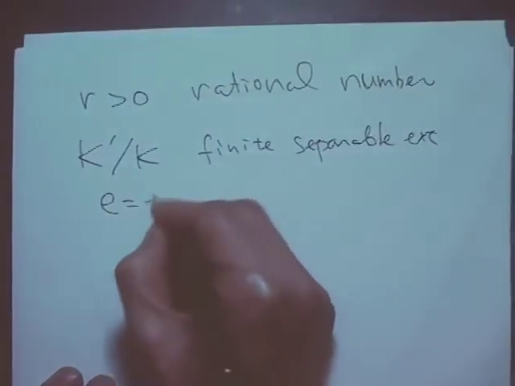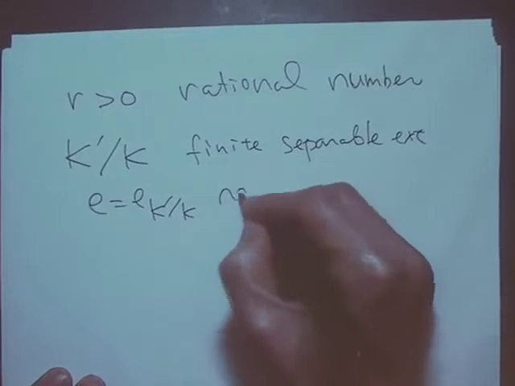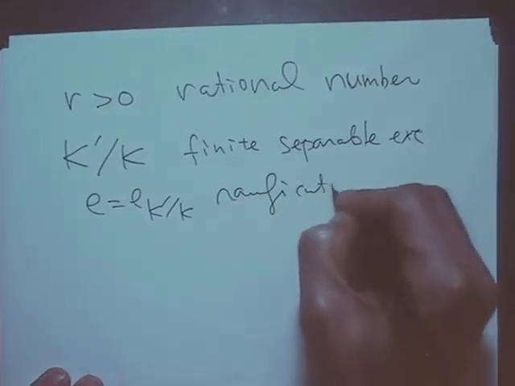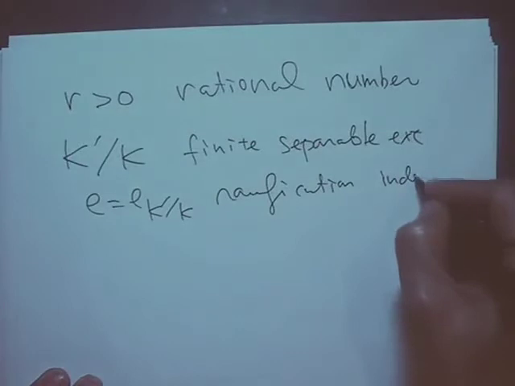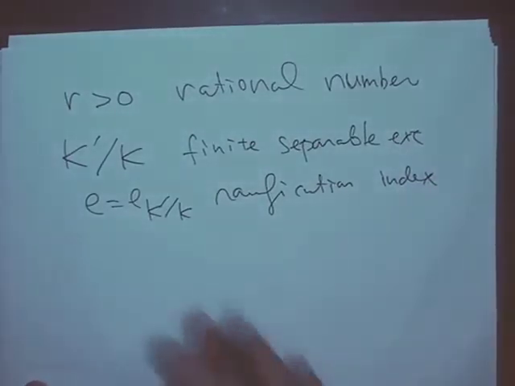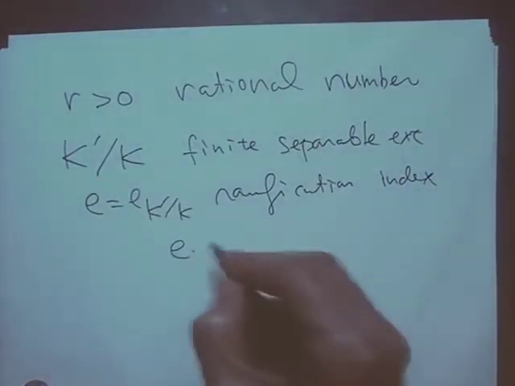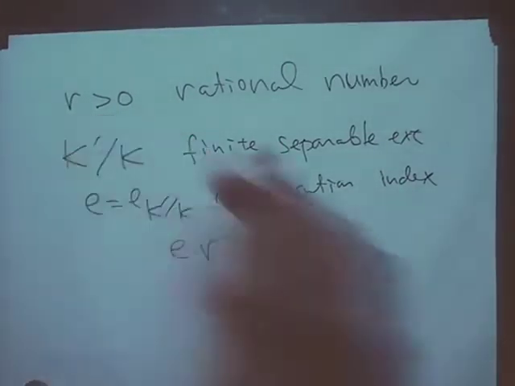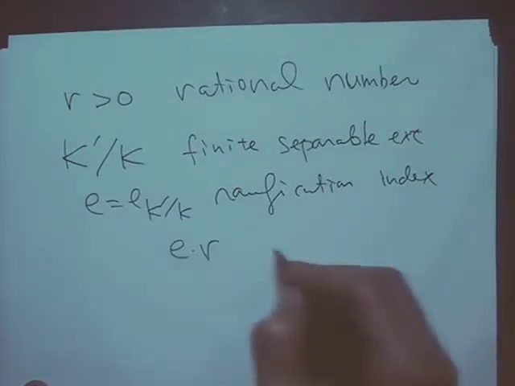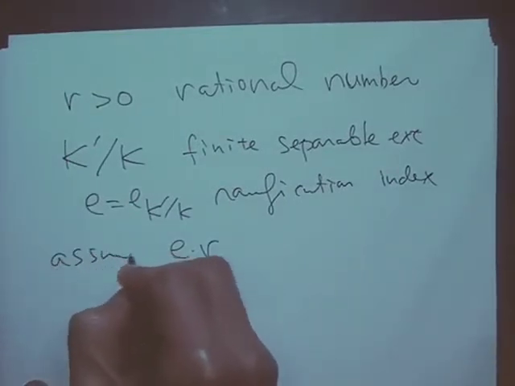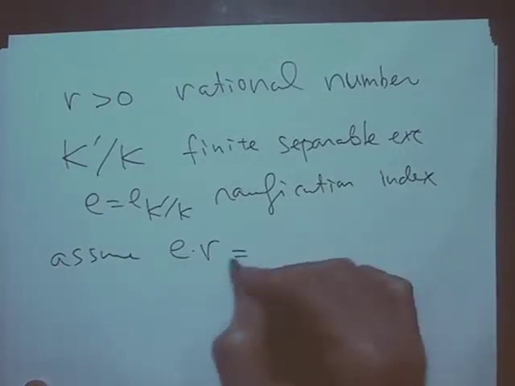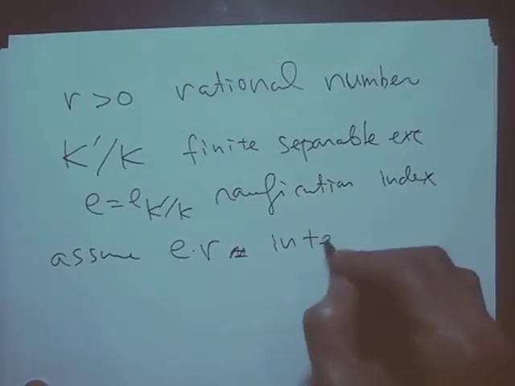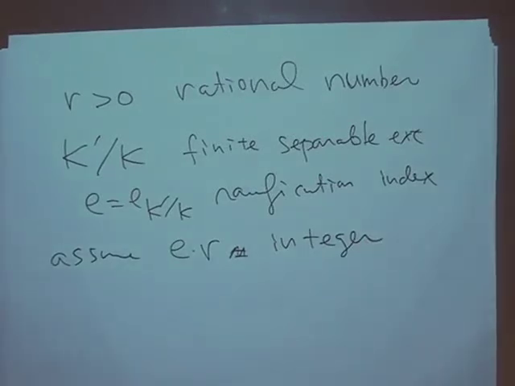Okay, and let e denote the ramification index. First, I need such an extension to kill the denominator of this rational number. So I assume that this product is an integer. So first we use the denominator.